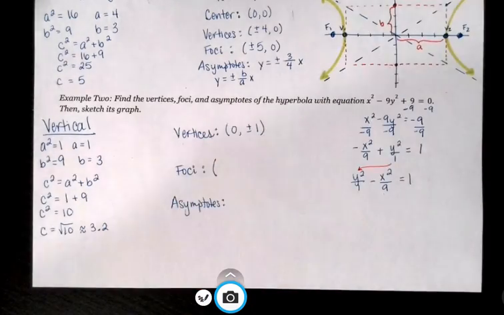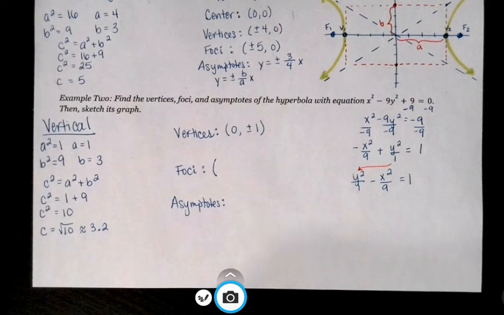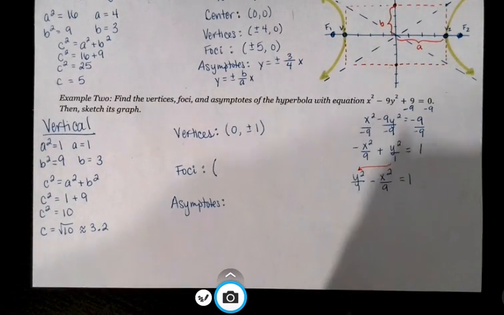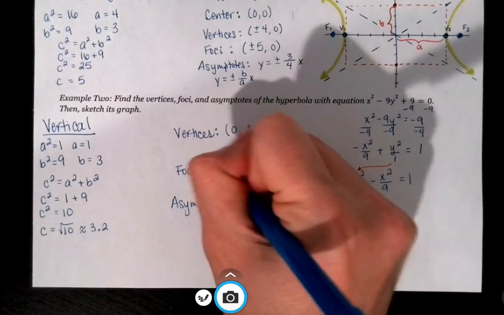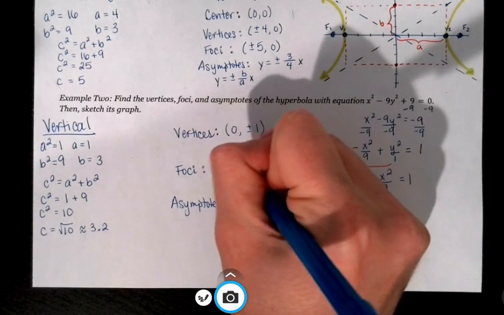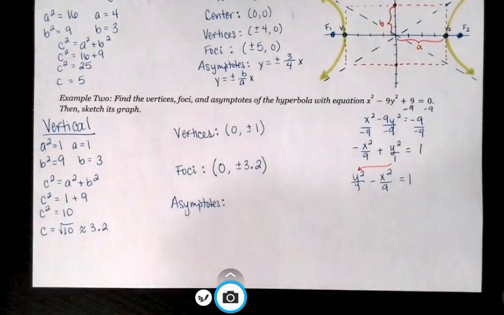My foci is based on my C. The number still goes in the y spot since it's a vertical hyperbola. And I'm going to use the decimal because to me that's going to be a little bit easier to graph. So 0, comma, plus or minus 3.2-ish.